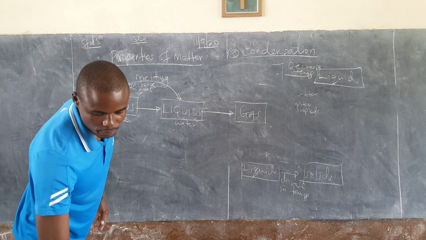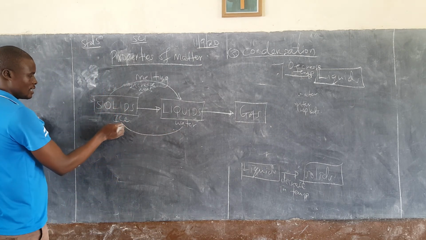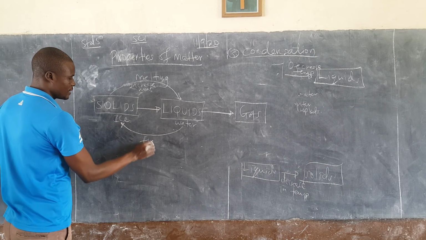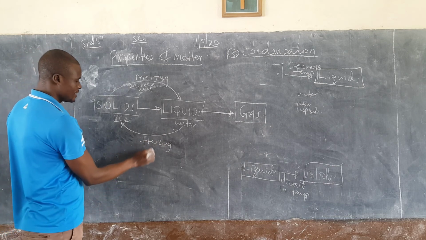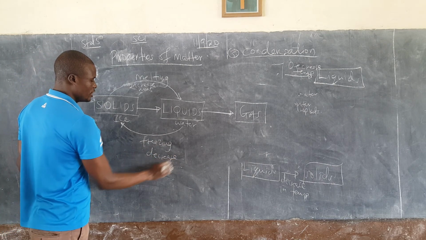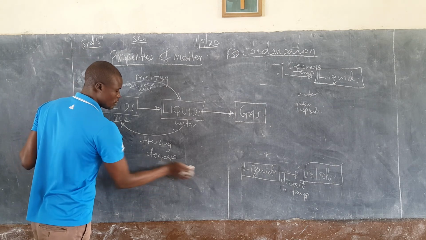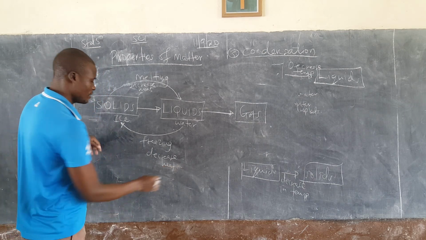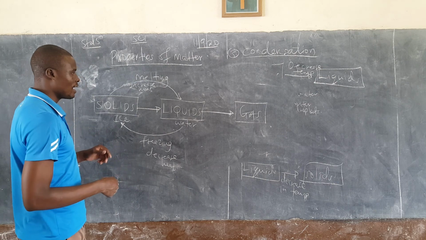What about liquids to this one? Liquids are the one we have just done last. Water back to ice. We talk of freezing. And freezing requires a decrease of temperature. Always talk of decrease of heat. We decrease heat. Napunguza, meaning the environment must be very cold to make that happen.